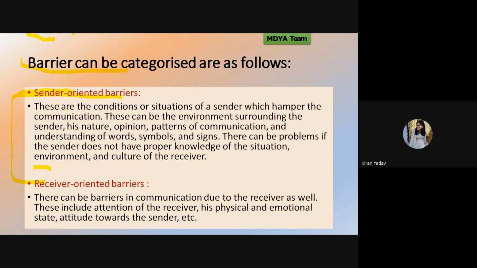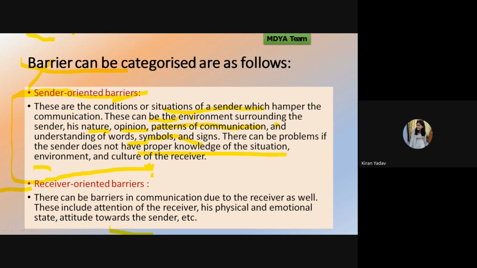These are conditions or situations of a sender which hamper the communication. These can be the environment surrounding the sender, the sender's nature, their opinion, their patterns of communication, the way they communicate, and the understanding of words, symbols, and signs. These can be problems if the sender does not have proper knowledge of the situation, environment, and culture of the receiver.